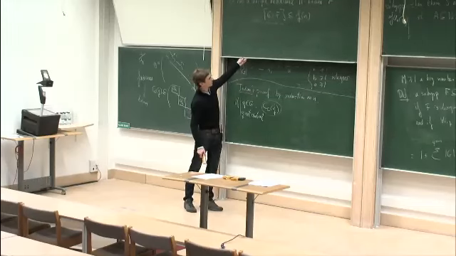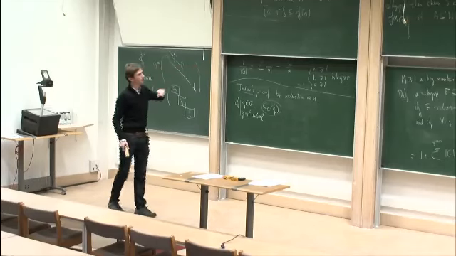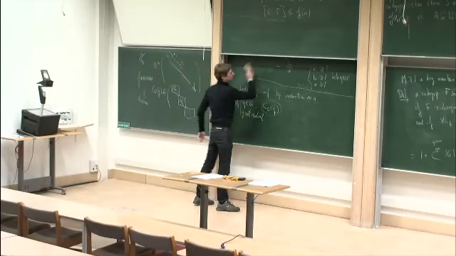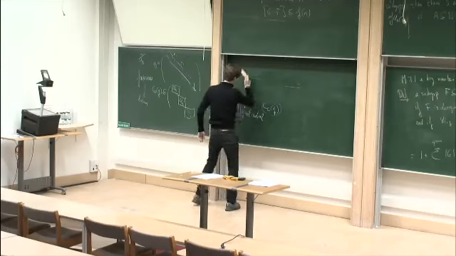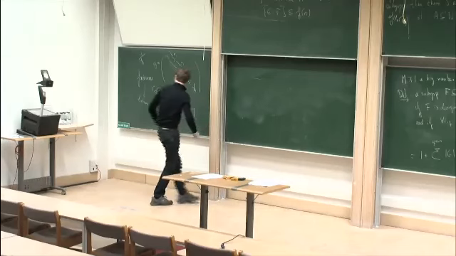So then what will be the analog of the class equation I was writing for the finite subgroups of SO3? Well, what you're going to do is this.